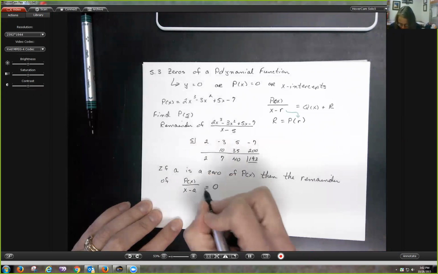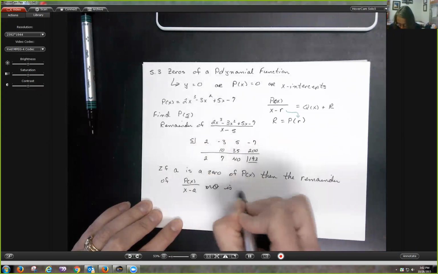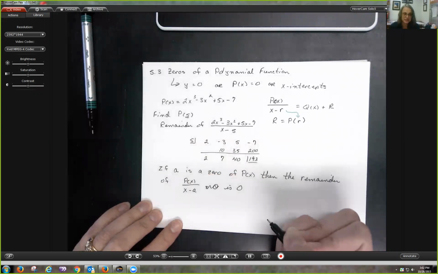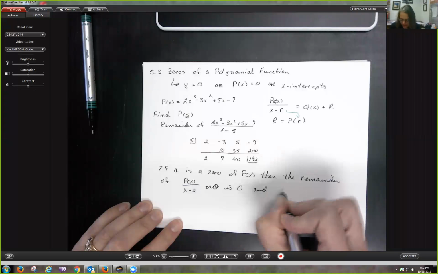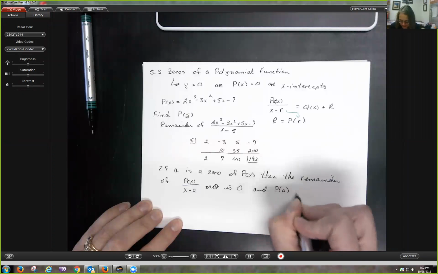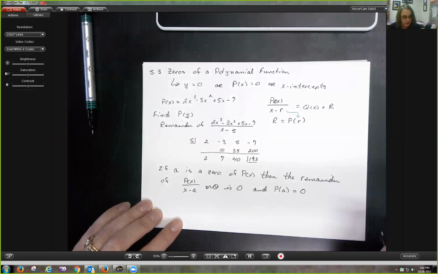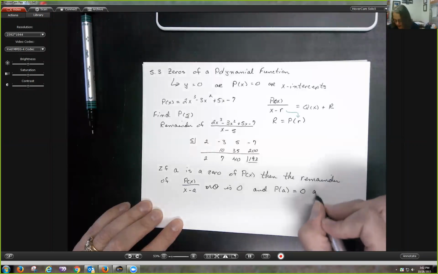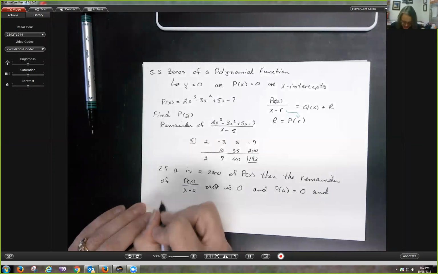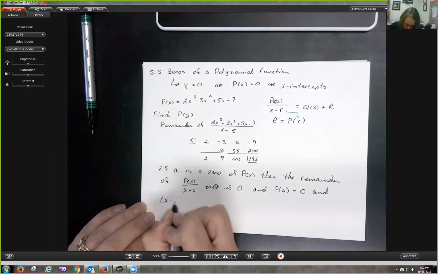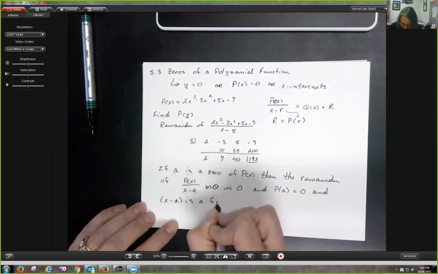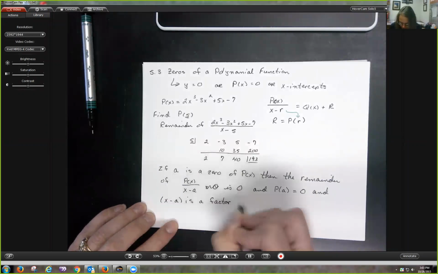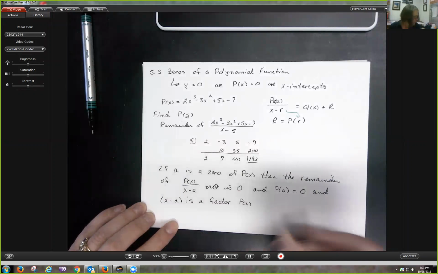So the remainder is 0. The function's not 0, the division is not 0, but the remainder will be 0. And if I plug a into that function, I will get 0. And, yes, there's more. The binomial x minus a is a factor of that polynomial function.